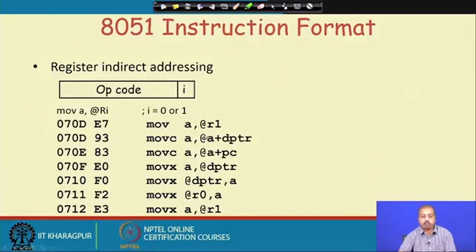When we say MOV A, @R1, that is coded as E7. Similarly, MOVC A, @A+DPTR will be coded as 93, and MOVC A, @A+PC will be coded as 83. This way it is done. MOVX @DPTR, A will be accessing external memory.